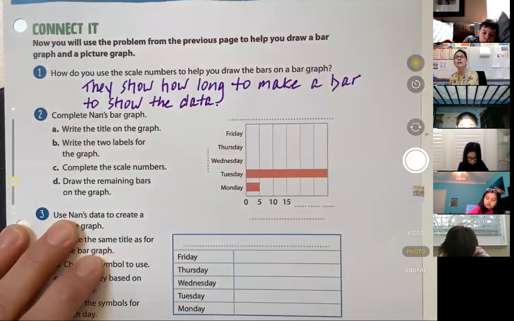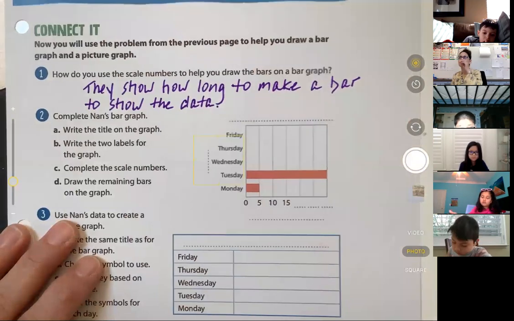They show how long to make a bar to show the data.